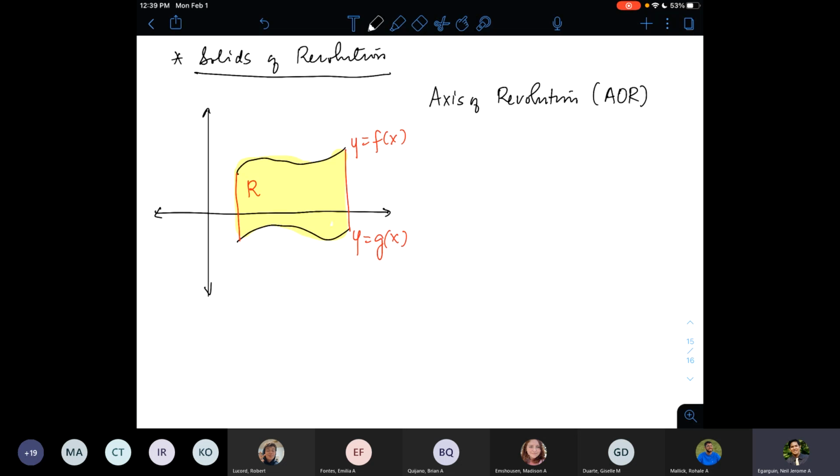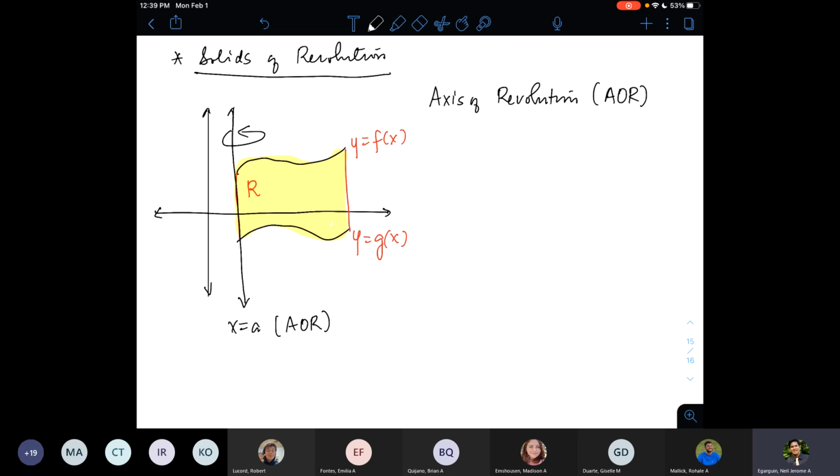For Cal 2, it's either a vertical line or a horizontal line. So basically say the axis of revolution may be something like this. Okay. So this is x equals a. This would be our AOR. And the idea is you will revolve the region about this axis of revolution. So you will revolve the region R with respect to x equals a.